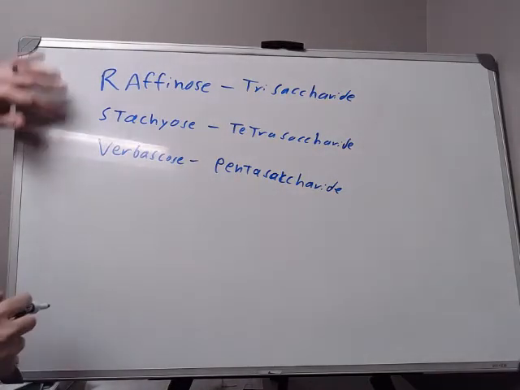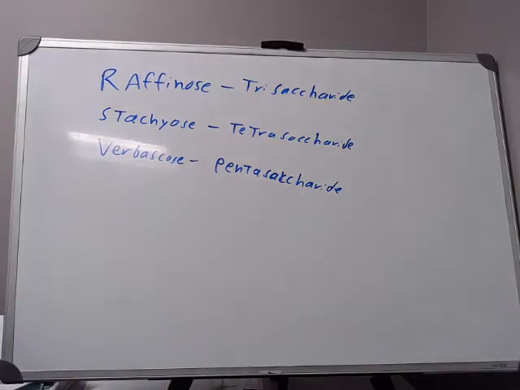And all of these contain glycosidic bonds that our bodies cannot digest. But the bacteria that live in our intestines can. The difference being that when the bacteria digest these oligosaccharides, they end up producing gas. And so that's what causes people to bloat.